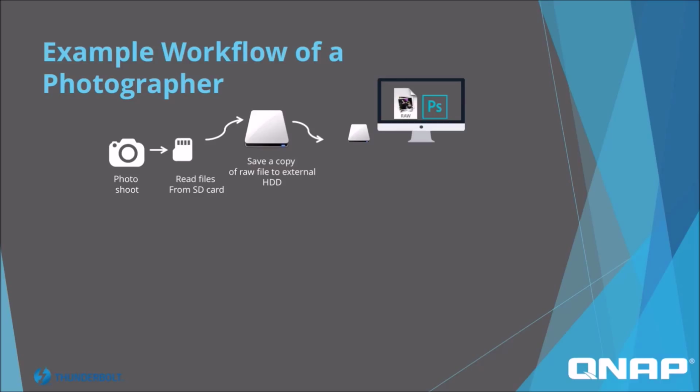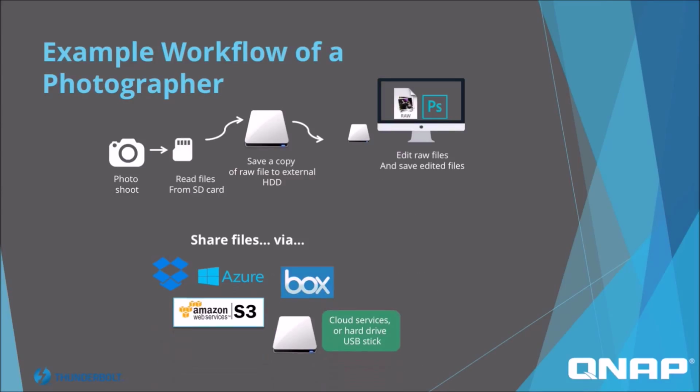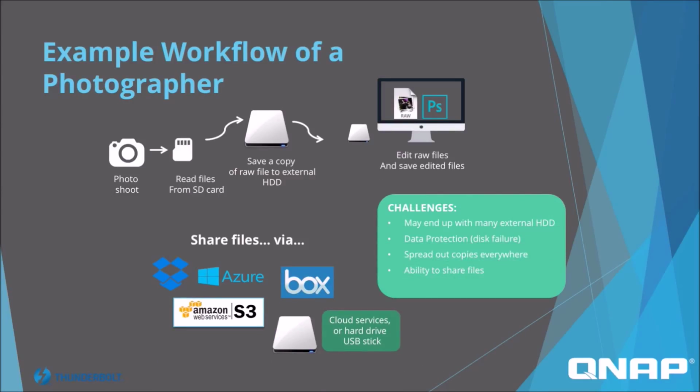And then from there, you can share it via a cloud service. So what are these challenges? What are we facing? Well, first of all, you may end up with a bunch of hard drives. Second, what happens if the external hard drive fails? Is there RAID redundancy? Was there a backup made in between the camera and the Mac?